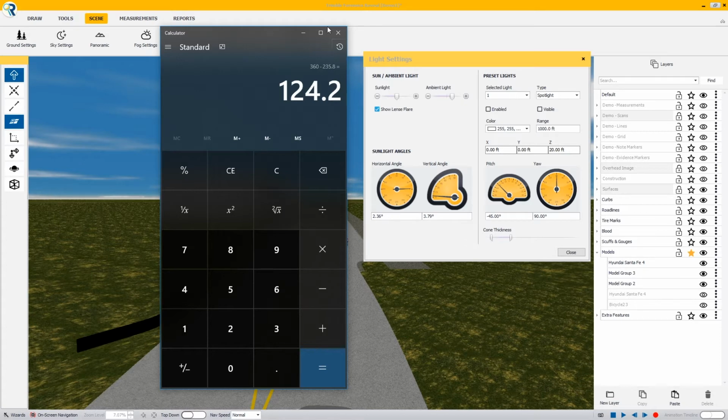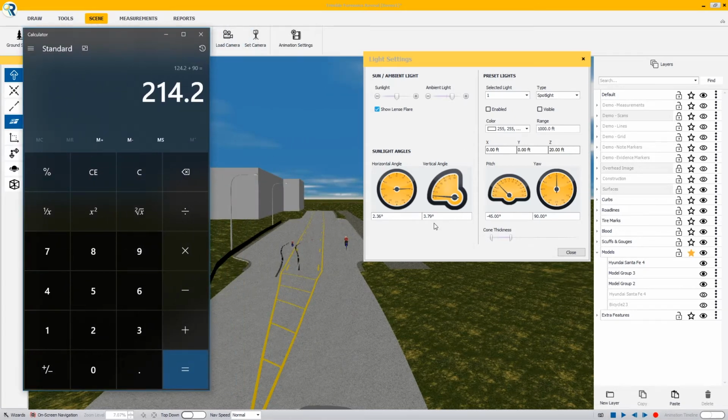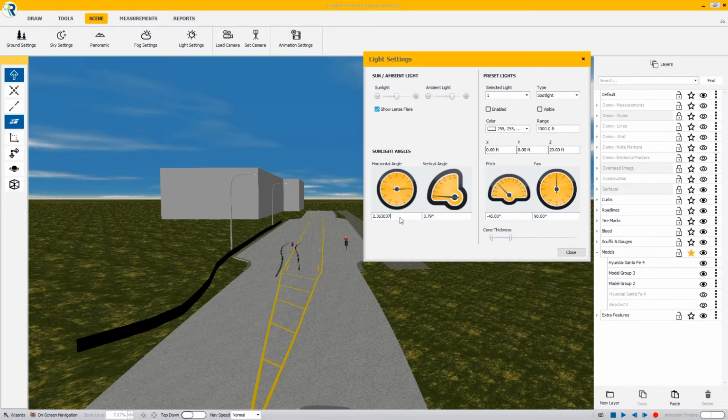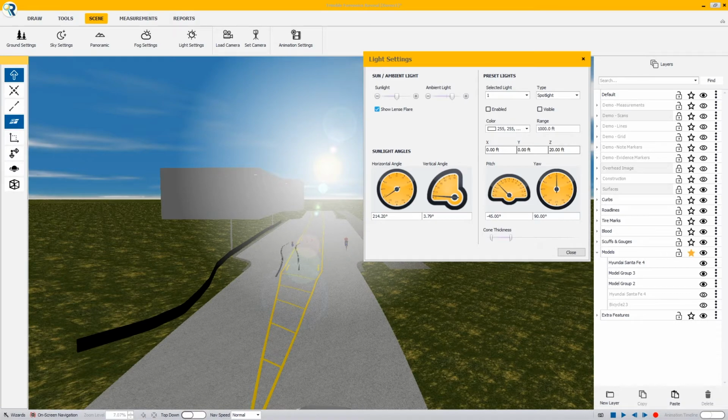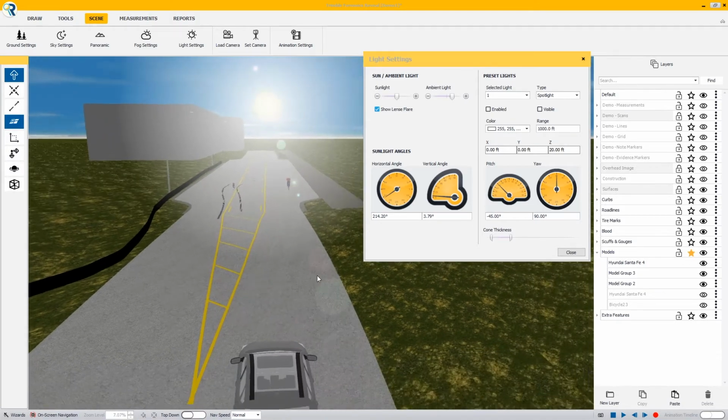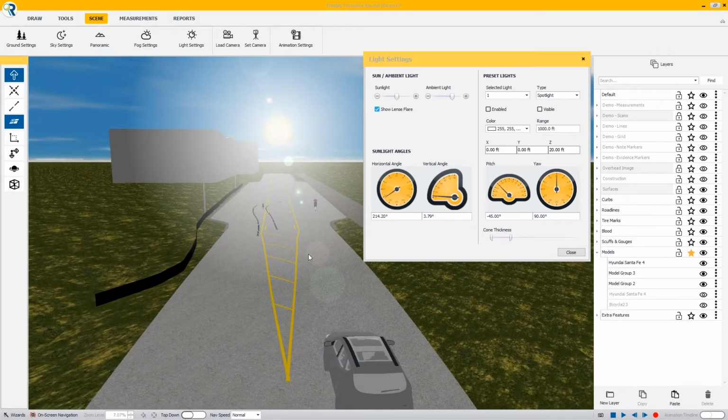However, we're also offset by 90 degrees, so we need to take this value and add 90, and this gives us a value of 214.2. So in my horizontal angle, put in 214.2, and I know from my time at the scene the next day that that is pretty darn accurate for where it needs to be.